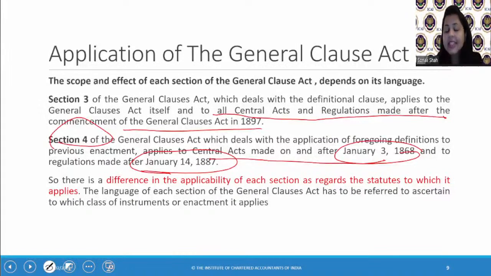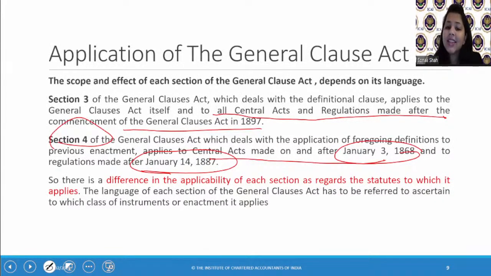Section 4 says that there are certain specified definitions. There are certain terms, and those terms have been specifically mentioned in section 4. It says that the definition of these terms will be applicable to central acts that were made on and after January 3, 1868 and the regulations that were made after January 14, 1887.